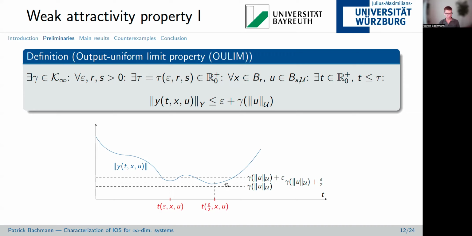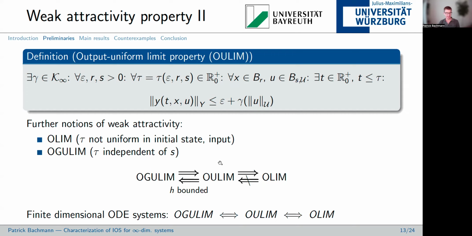And in fact, the same consideration that we already had for OUAG, we also have here. So we can modify this notion in terms of not considering uniform initial state and input convergence or attractivity, but for each initial state and input individually.